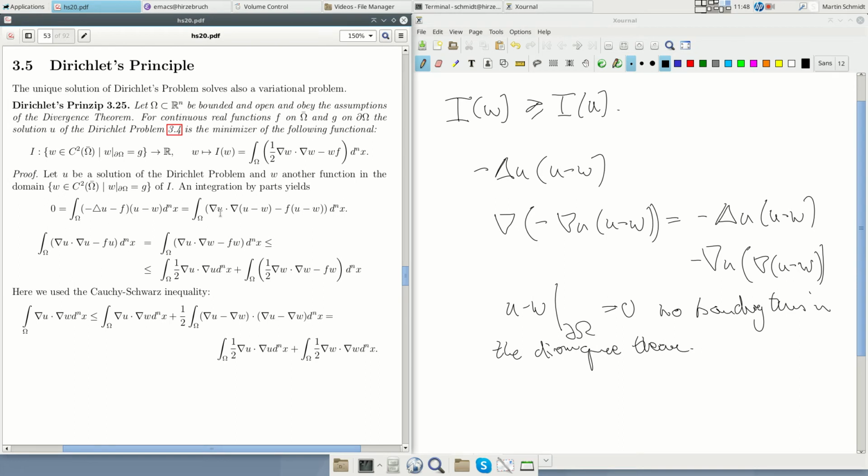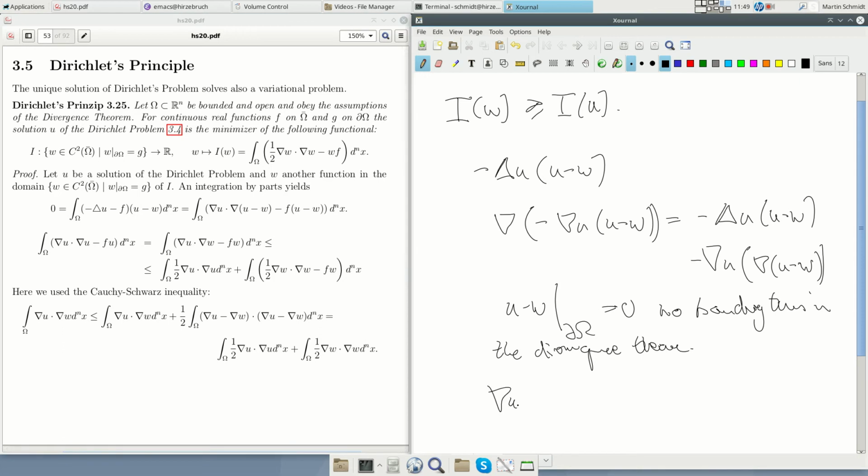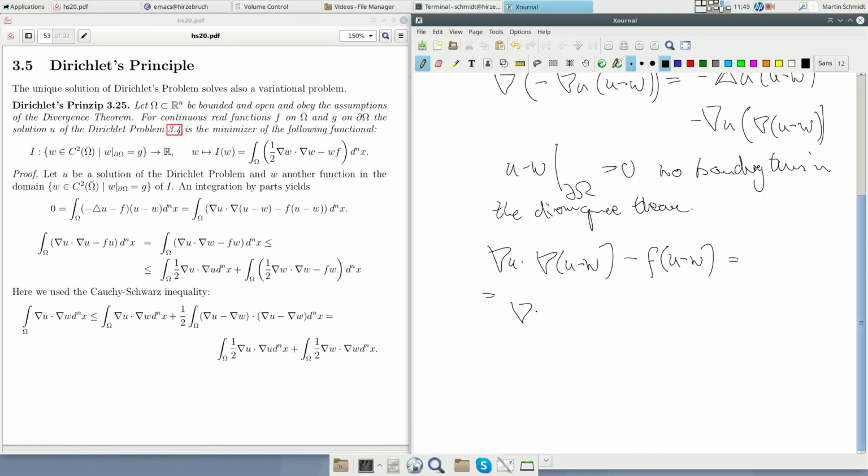Now here we have this one term inside, and clearly, if we multiply this out, du times d of u minus w minus f of u minus w, what do we get? Then we get du times du minus du times dw minus fu plus fw.